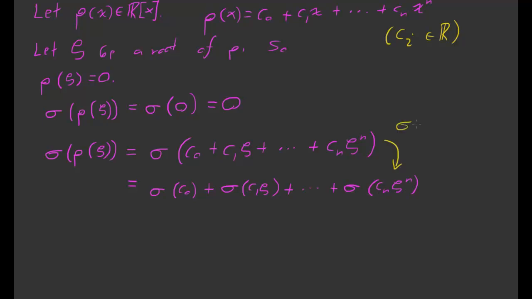This is because sigma commutes with addition. Okay, but we also know that sigma commutes with multiplication. So this is equal to sigma of C0 plus sigma of C1 times sigma of zeta, so we expanded this out, and plus ... plus sigma of Cn times sigma of zeta to the n.